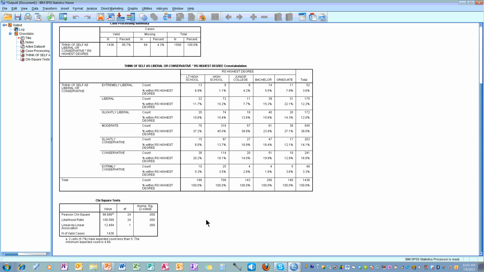How to interpret and read chi-square is summarized in your rules for writing that are attached to this module. In any event, since this significance level is less than 0.05, that means that this relationship is statistically significant.